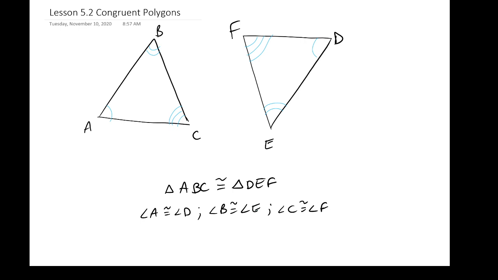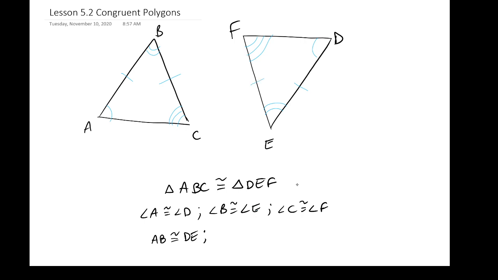All right, so moreover, what we start to look at now is that we have three angles. Of course, for a triangle, it's going to be three angles and three sides, right? So next up, we have AB congruent to DE. It's the first and second, congruent to the first and second. Sorry, it's not an angle, it's just a line segment. AB congruent to DE. The next is going to be BC, which is going to be congruent to, right? It's the second and third.